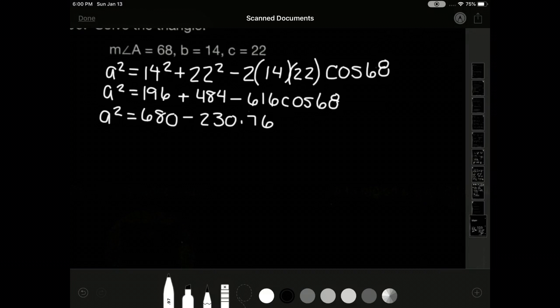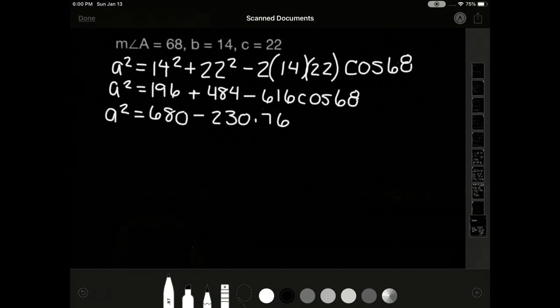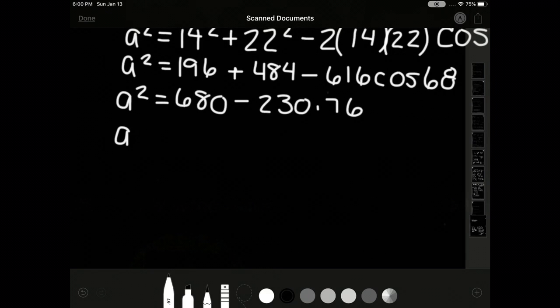And then we can take 680 minus that. So we get 449.24. So A squared equals 449.24.